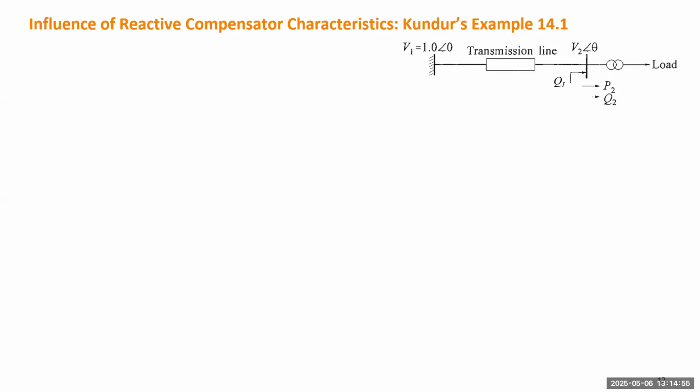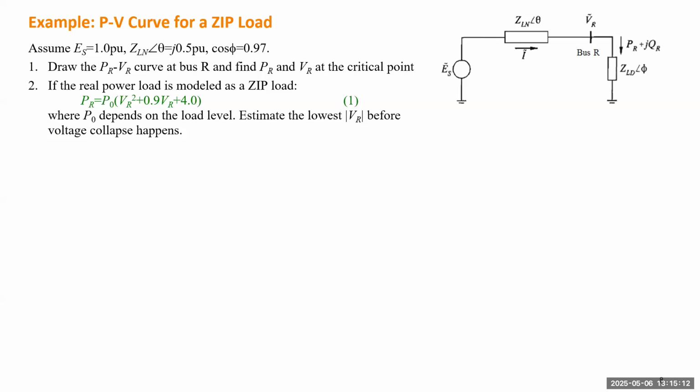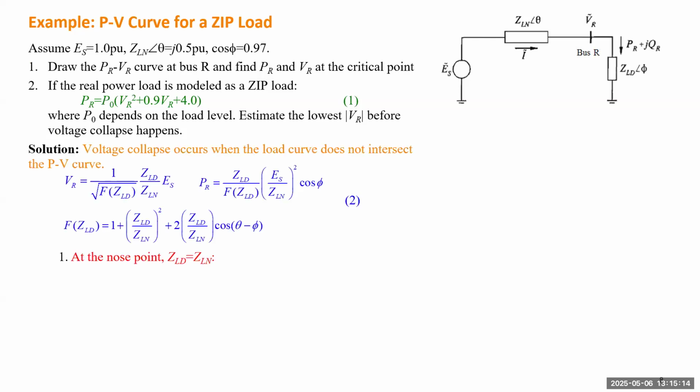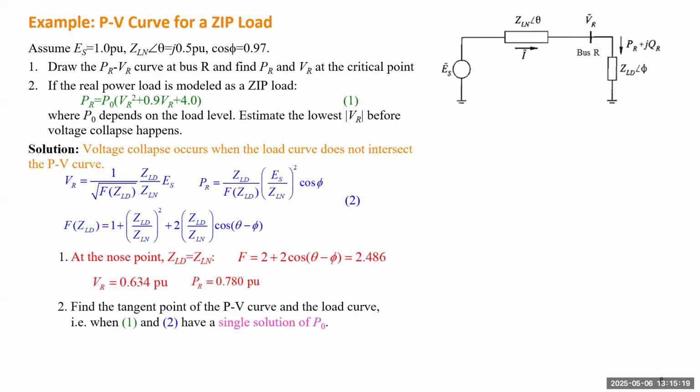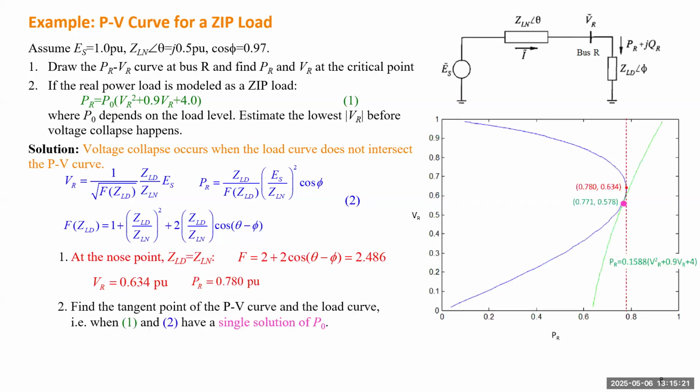All right, so in the previous slides, we introduced the VQ curve, but we didn't assume what var source we can utilize. Similar to the example I talked about last Thursday, we derived the PV curve, but we don't know what load we're going to operate the system with. If the load is constant power, it will become tangent to the PV curve exactly at the critical point.